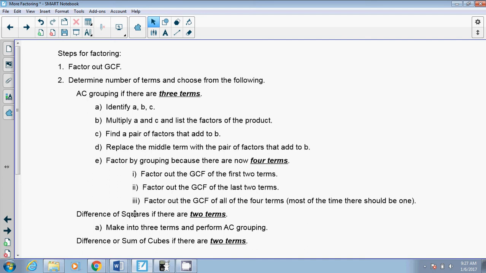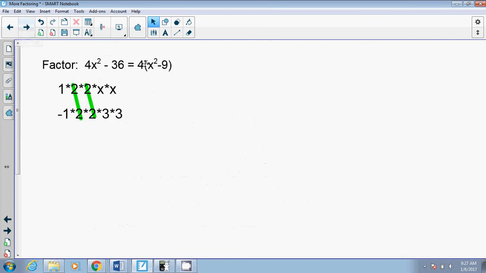The steps for difference of squares are to make it into 3 terms and then follow the AC grouping method. Again, if you've learned another method besides AC grouping, feel free to use that. But you want to make it into 3 terms in essence. So how can I make x squared minus 9 into 3 terms without really changing the problem?